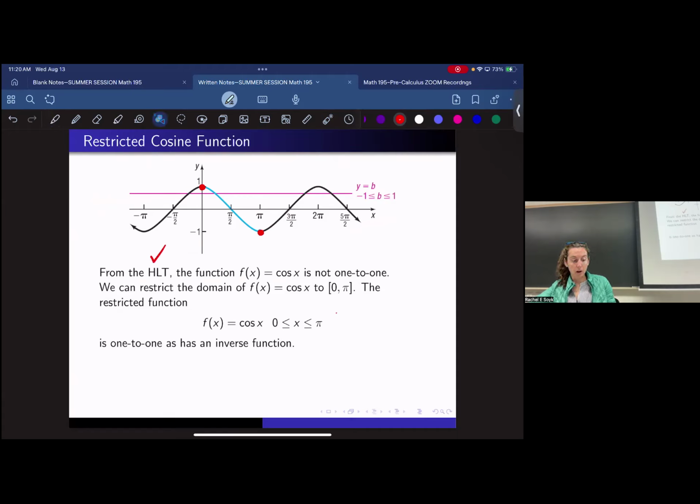And so now we are able to find the inverse of our cosine of x. And so now keep in mind, this is the restricted domain on the original function, which means our inverse of cosine, this is going to be our range, right?